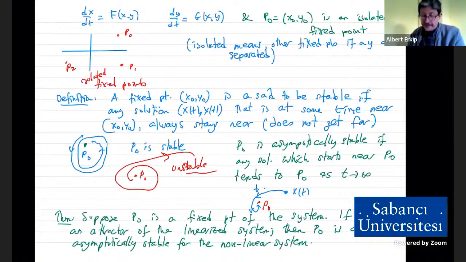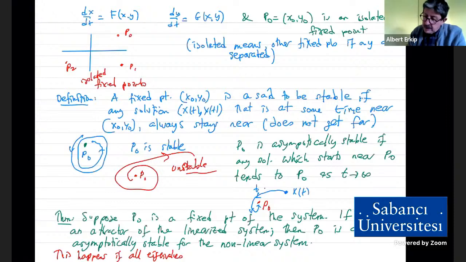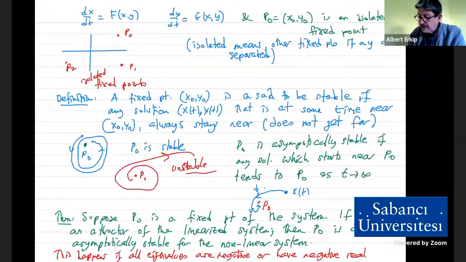And note that this happens if all eigenvalues are negative, or have negative real part.